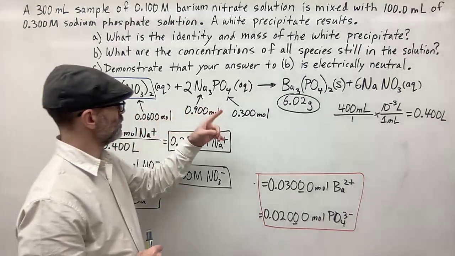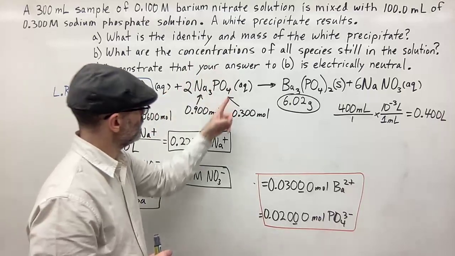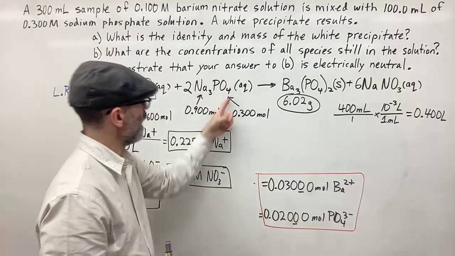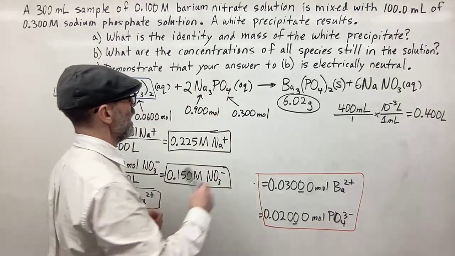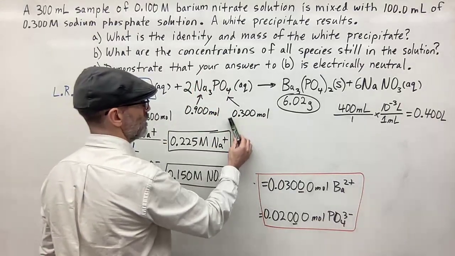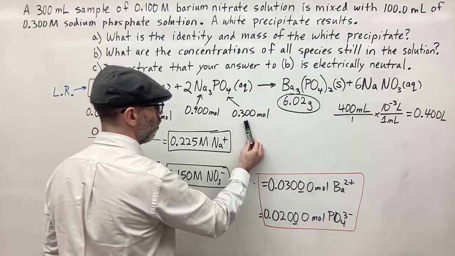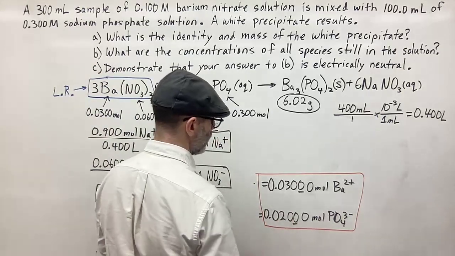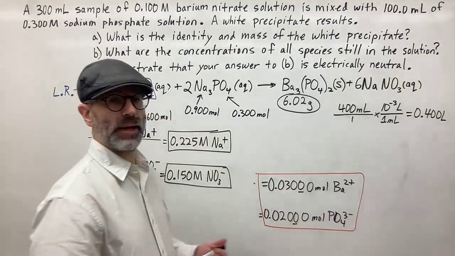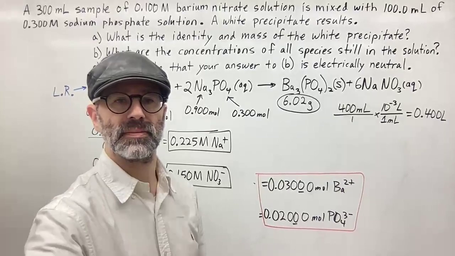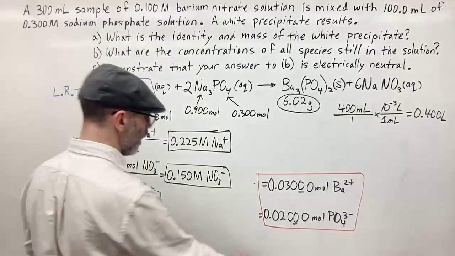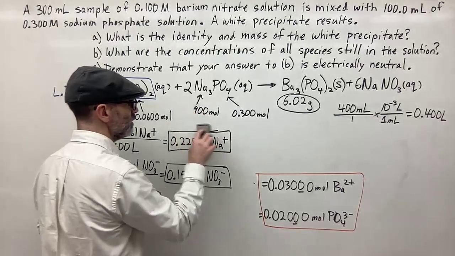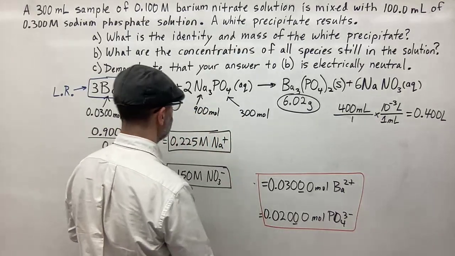Last, we have our precipitate. We have our potassium ion. Potassium, what am I talking about? Our phosphate ion. And so here we started with 0.300 moles, and here we end up with 0.02 moles. So we have to subtract. But first, I have to correct a mistake I made. I again forgot the extra 0 here.